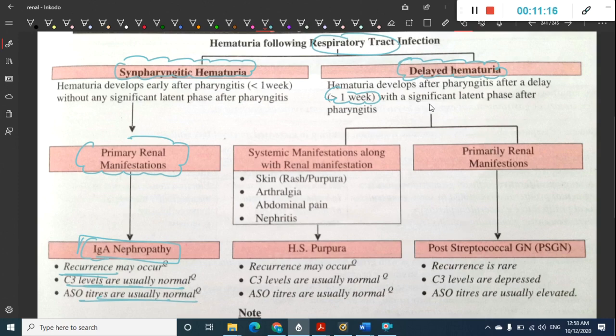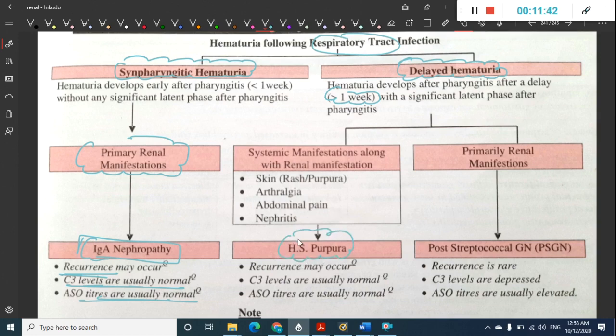In delayed hematuria, we have two things. One, we will have to see whether there are any systemic manifestations associated with renal disease, like rash or purpura on the skin, arthralgia, abdominal pain or nephritis. If these are there, then think of Henoch-Schönlein purpura.